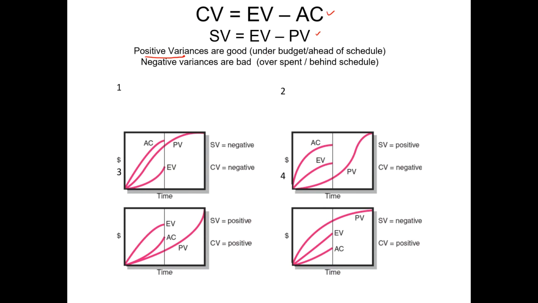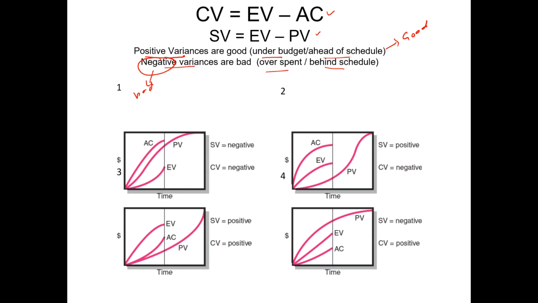It means either your project is under budget or ahead of schedule. If the answer is negative, it indicates you are overspending or you are falling behind schedule. So positive is good news, and negative variance is usually bad news, and the bigger the variance, the worse it will be.